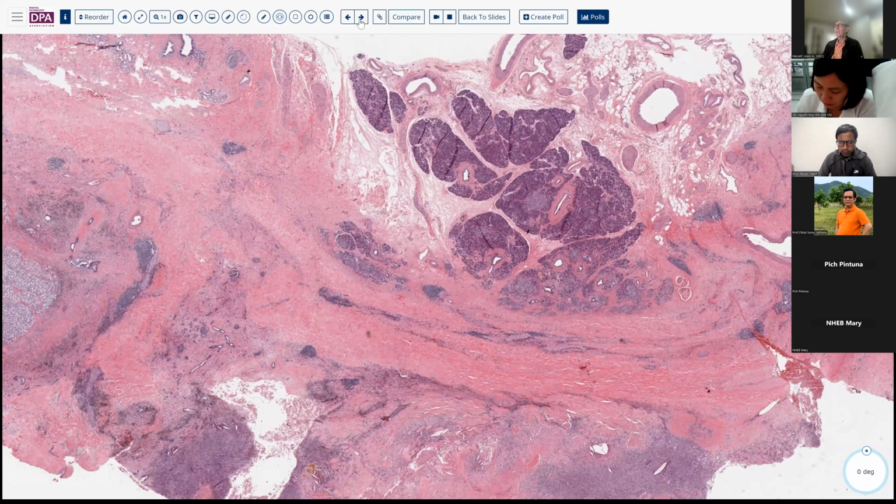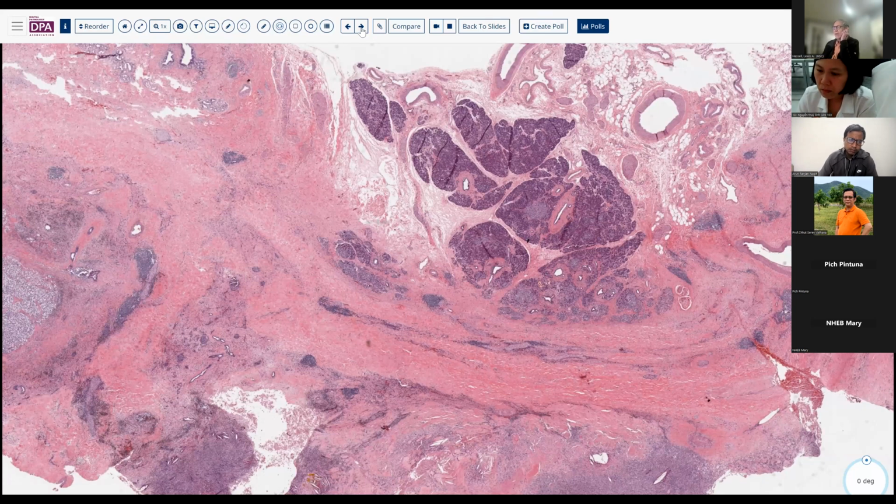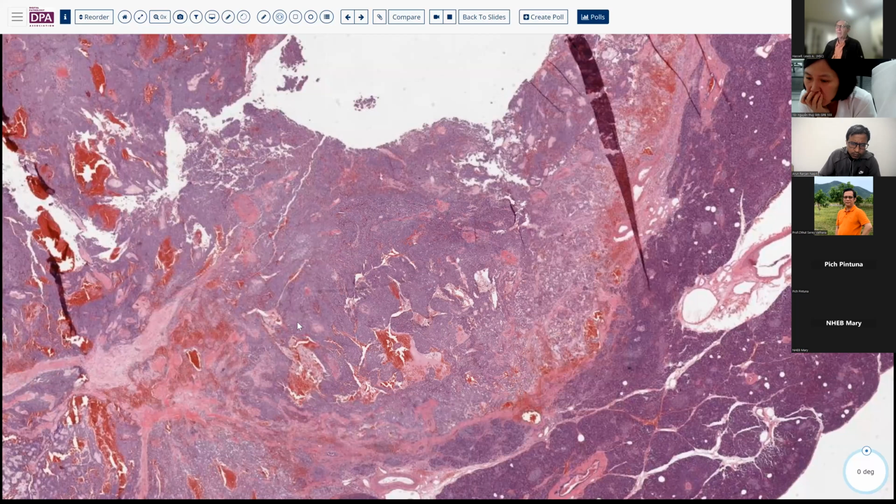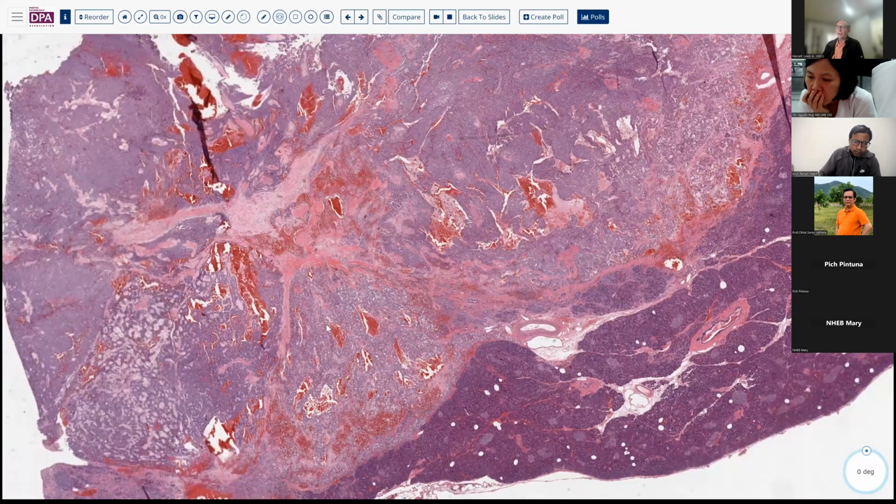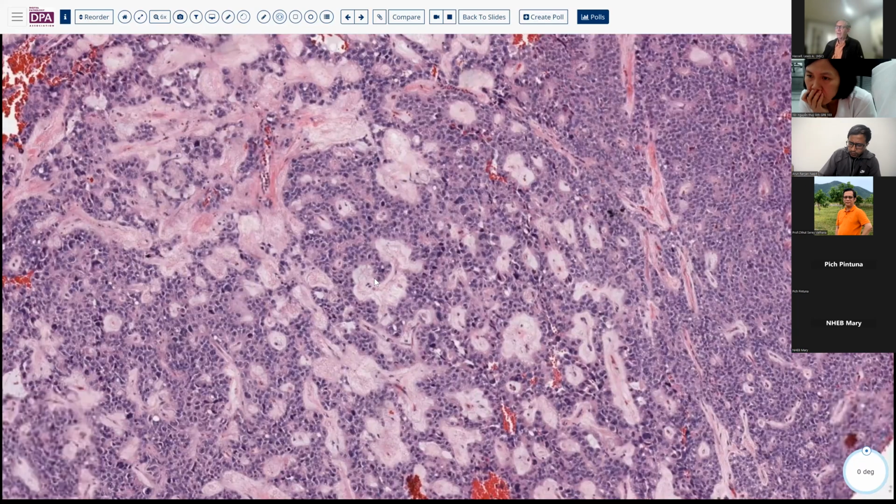Okay, so let's see if we have one more. I think I may have some immunostains that go along with this. So here's another example of solid pseudopapillary tumor. Not so much that, but you see the cystic change is present here. And over here, it looks really quite neuroendocrine-like because it's got sort of this nested appearance and so forth. But here you see these very hyalinized areas here.